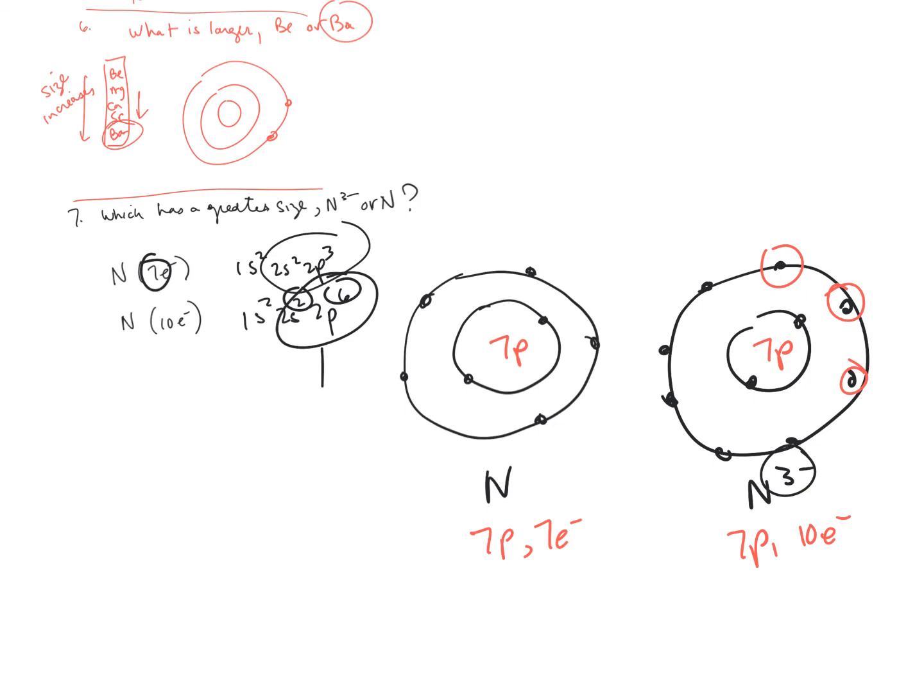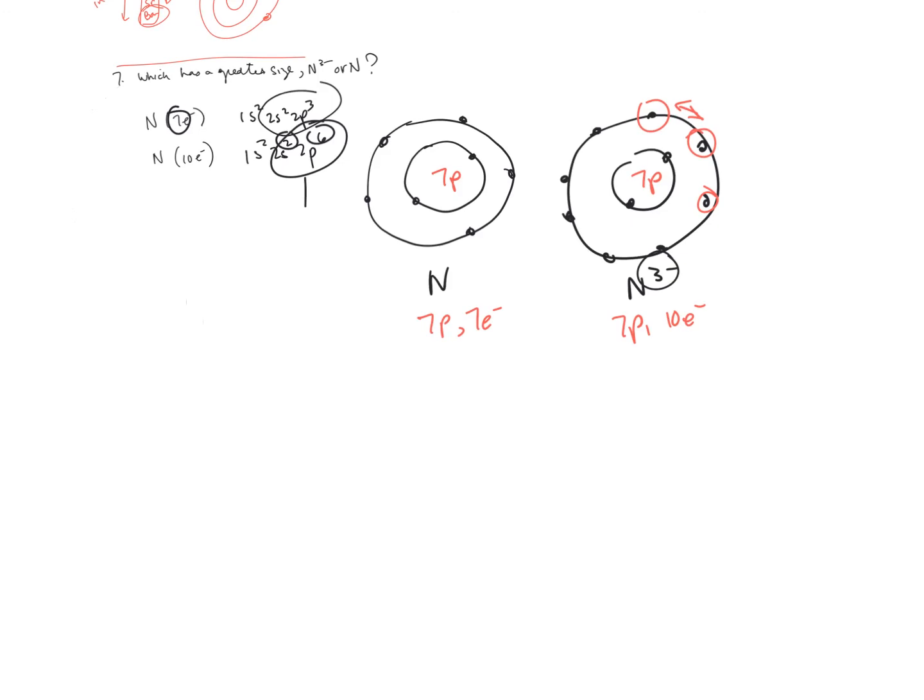There's no increase in the number of positive charges to balance it, and so they tend to repel each other. There's a repulsion interaction between these extra electrons and the other ones, so it tends to expand it. There's an expansion associated with repulsion. So this is an example where the size increases even though the number of protons is the same. So this one's going to be larger and this one will be smaller.